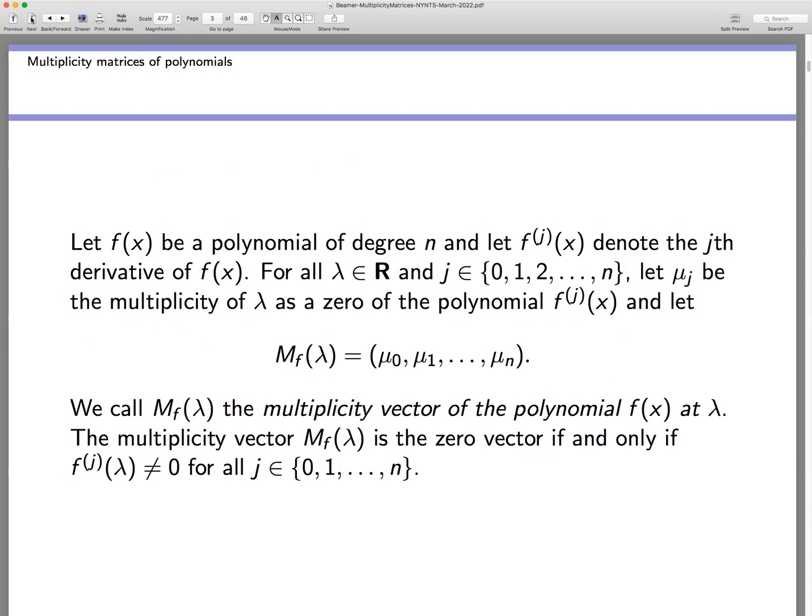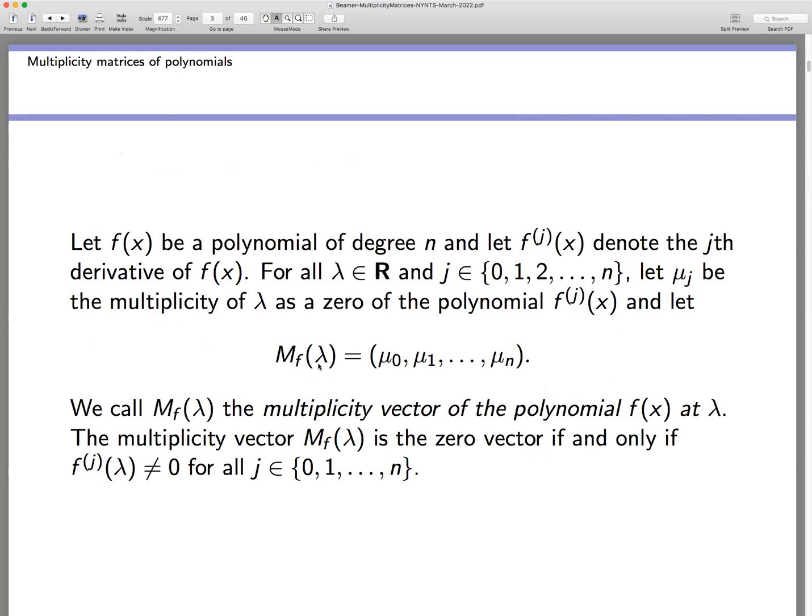And I'm interested in the following question. So you take a polynomial of degree n, and f_j of x is the jth derivative of f of x. So for any real number lambda, and any j, you let mu_j be the multiplicity of lambda as a zero of the jth derivative.